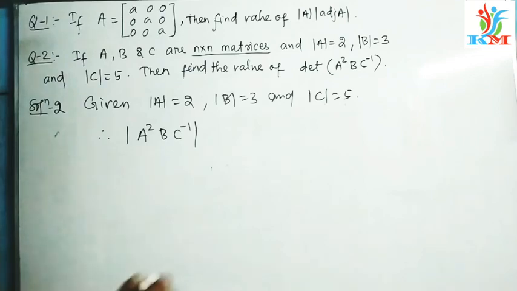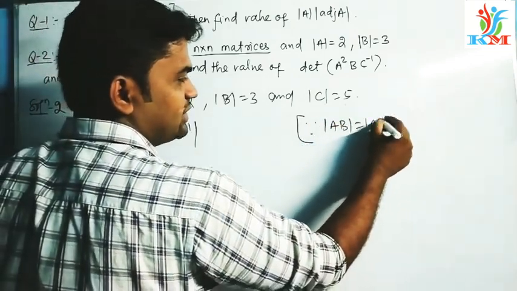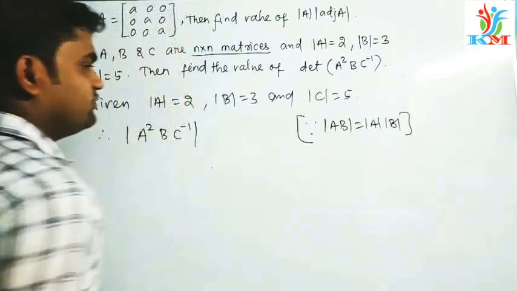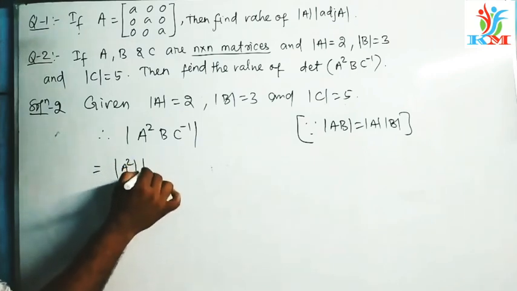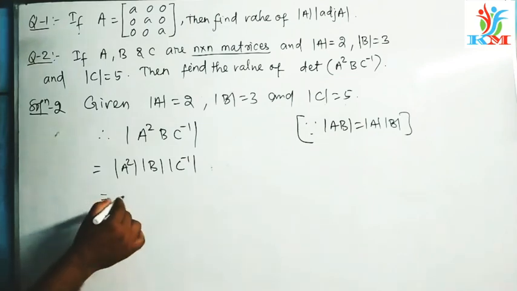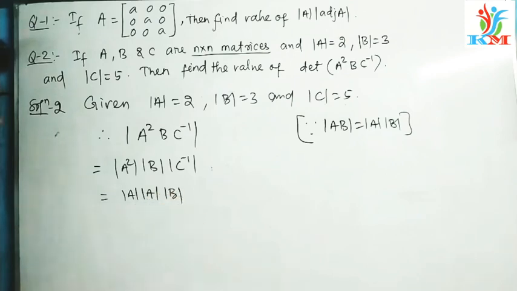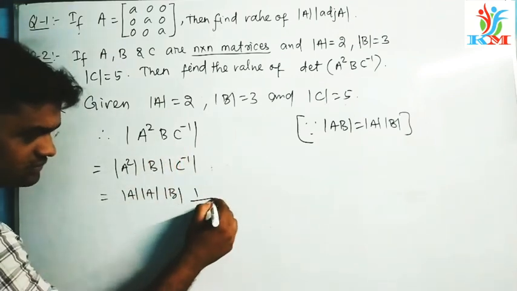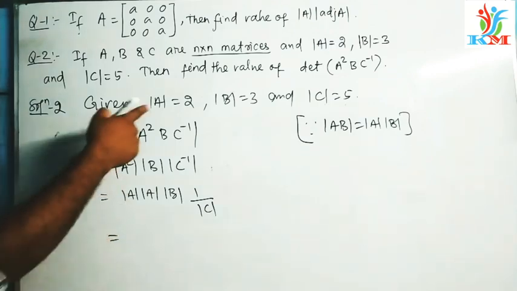As we know that determinant of A into B is equal to determinant of A into determinant of B, so here we can write it as determinant of A square into determinant of B into determinant of C inverse. We can also write it as determinant of A into determinant of A into determinant of B. And the last property we saw is that determinant of C inverse is equal to 1 upon determinant C. So now put the value of determinant A. What is determinant of A? 2.